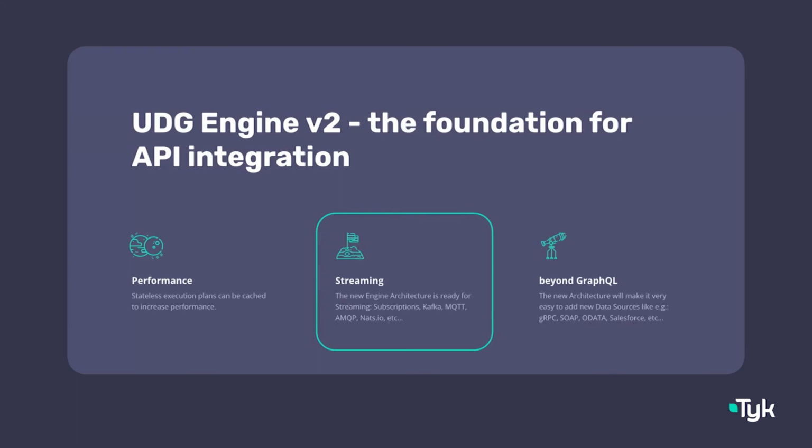All right. Finally, with switching from beta to non-beta, or production ready, we took some learnings from the initial release and rewrote the underlying engine, the execution engine that is part of our open source gateway. By the way, if you're interested in understanding a bit more about how UDG works, the whole engine is open source.